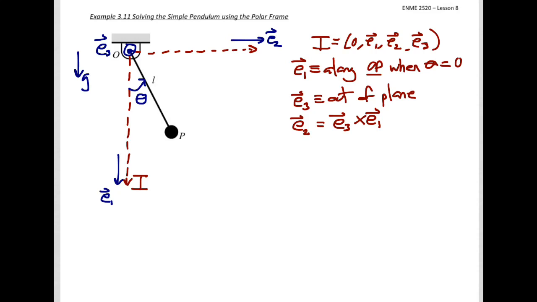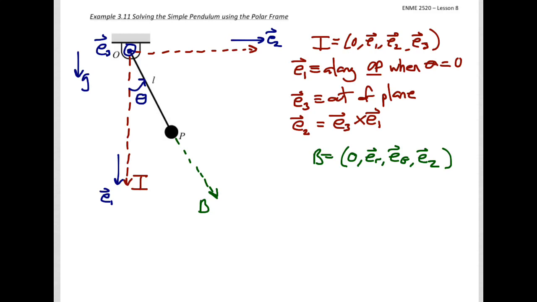So now let's define our B reference frame, and let's start it also at the origin. This is going to be our polar reference frame, so we're going to use an E sub r, E sub theta, and then an E sub z. We've said this reference frame is always going to go from the origin to the point that we are interested in. So this is our B reference frame.